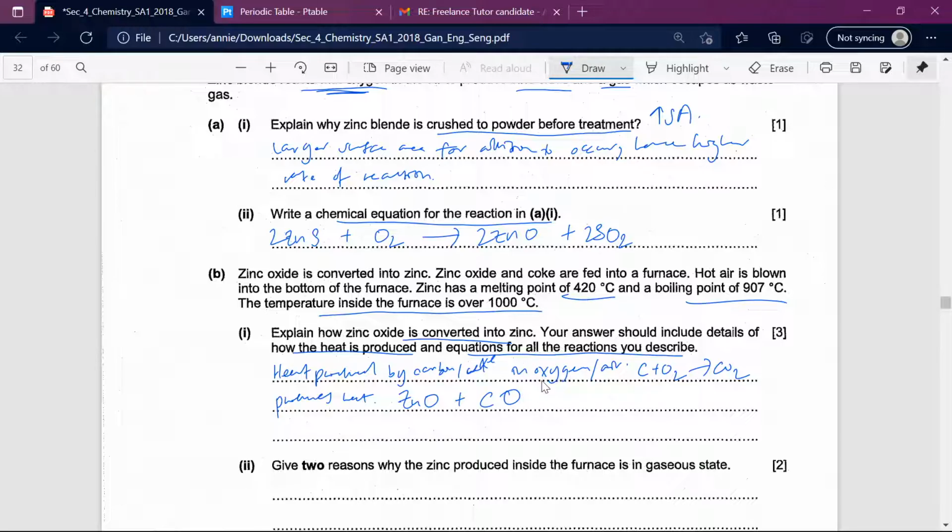So let's say you want to use carbon monoxide. So you write zinc oxide plus carbon monoxide equals zinc plus carbon dioxide. As you know, this displaces the zinc, and hence the zinc is produced.